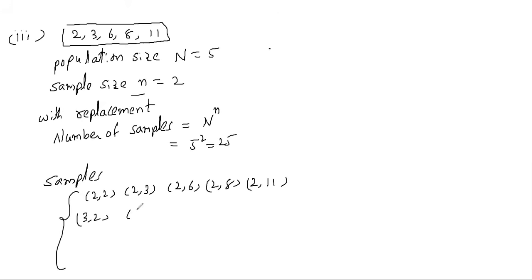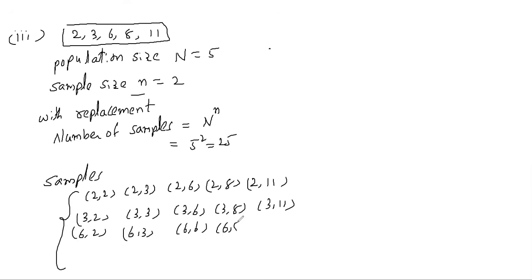Next, 3 comma 2, 3 comma 3, 3 comma 6, next 3 comma 8, 3 comma 11. Okay, next start with 6: 6 comma 2, 6 comma 3, 6 comma 6, 6 comma 8, next 6 comma 11.